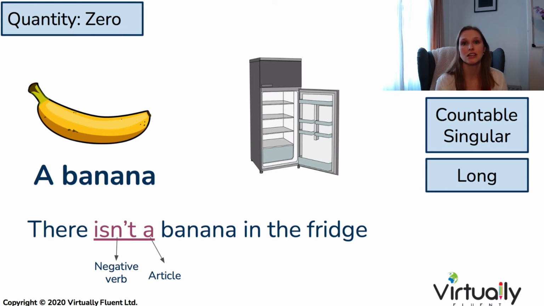So let's start with a singular countable noun, for example, a banana. If we want to say the quantity of bananas in this fridge is zero, we would say there isn't a banana in the fridge. So we use the indefinite article a before banana and our verb is negative. There isn't a banana in the fridge.